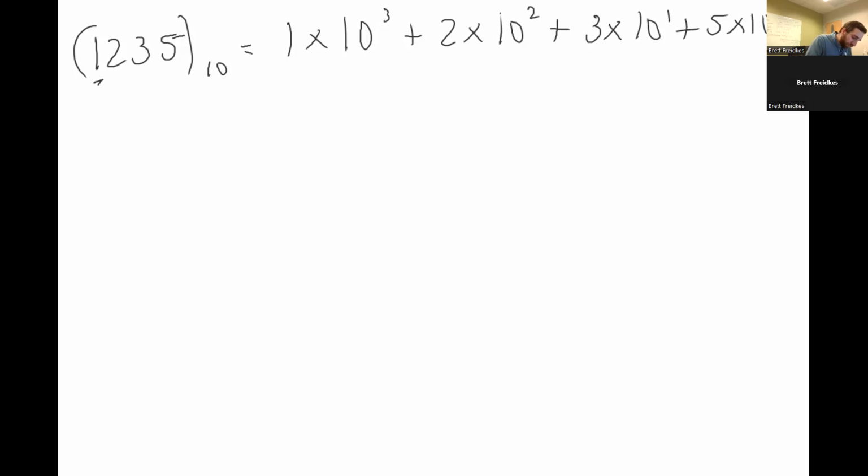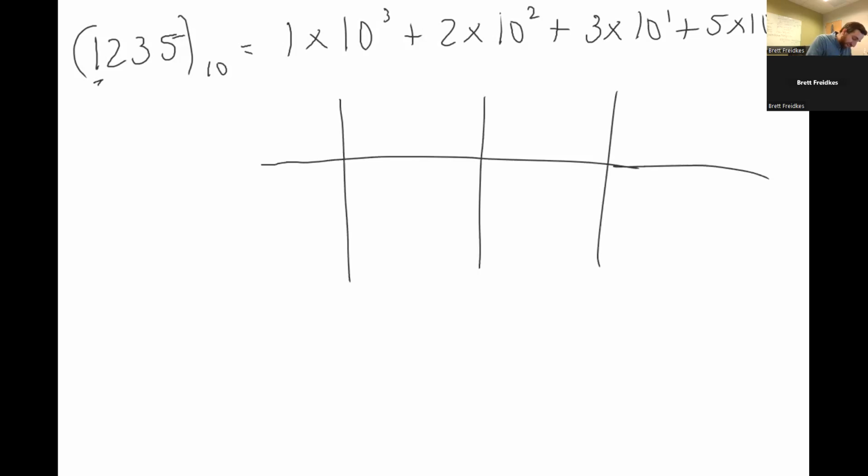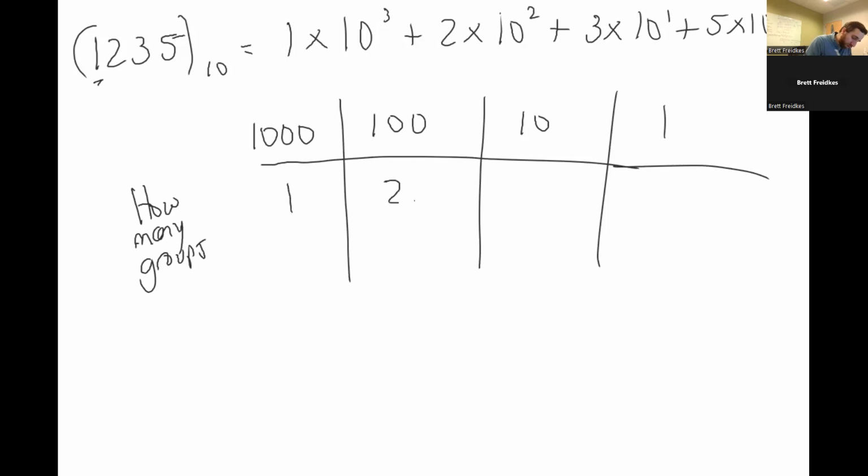If I want to make a table, let's say I have 1,000 here, 100, 10, and 1. Below would be how many groups I have. So in this case, I have 1 group of 1,000, 2 groups of 100, 3 groups of 10, and 5 groups of 1, if you want to think about it like that.